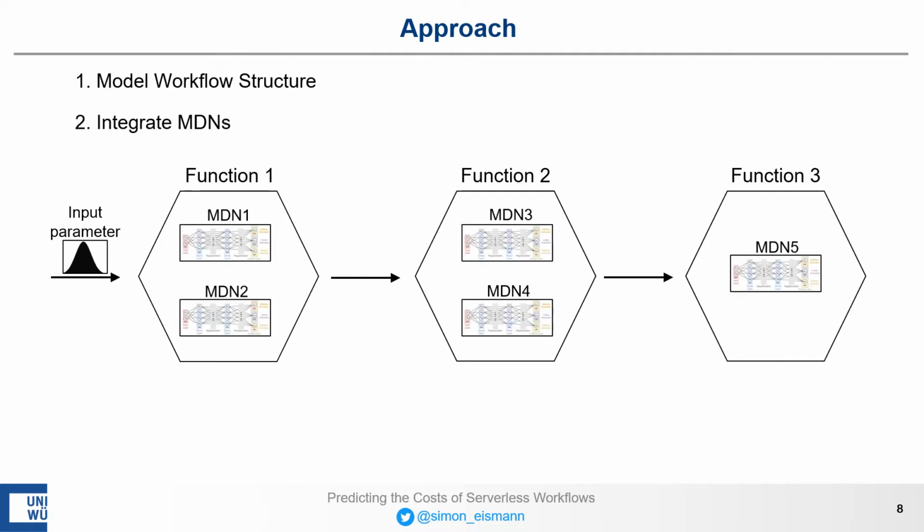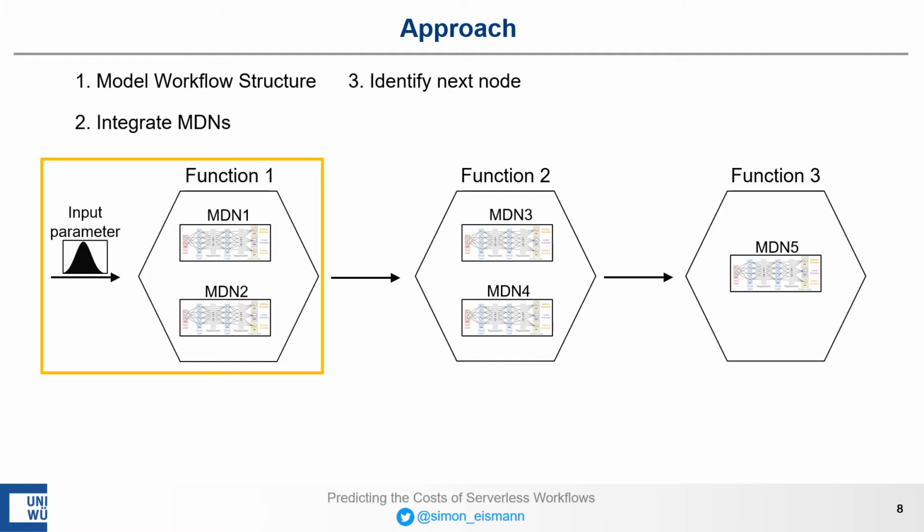In a second step, we integrate the previously discussed mixture density networks, and each function has one mixture density network that describes its response time, and then one or more mixture density networks that describe its output parameters and their distributions.